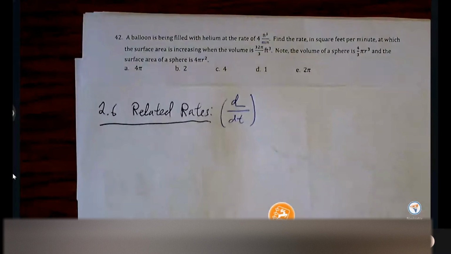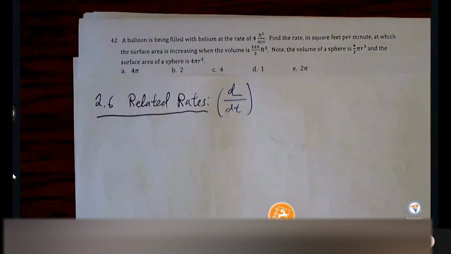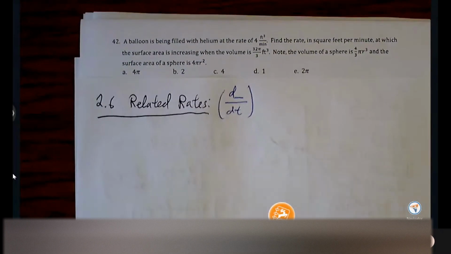All right, so we're going to do this problem here. This is number 42 off of the first packet. Okay, let's read the problem and then I'll go through the whole problem step by step.